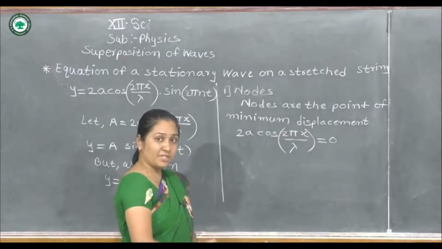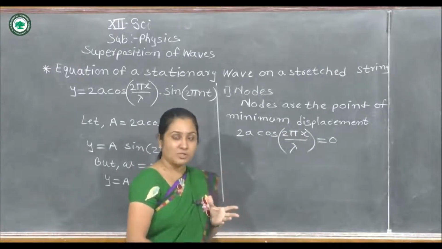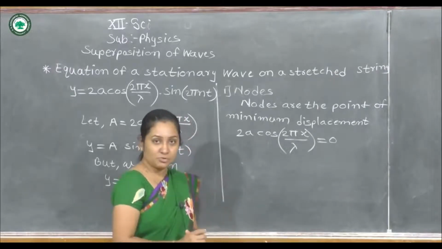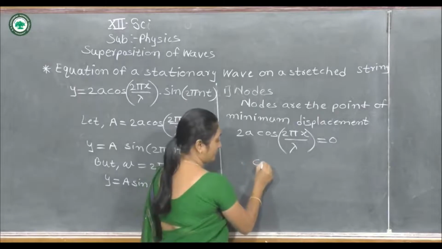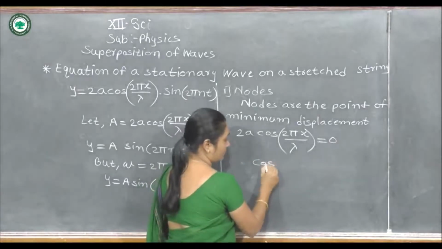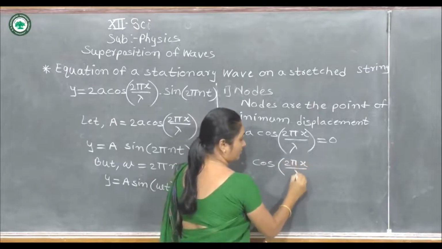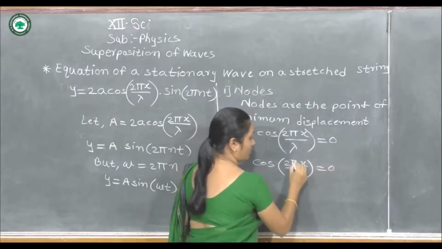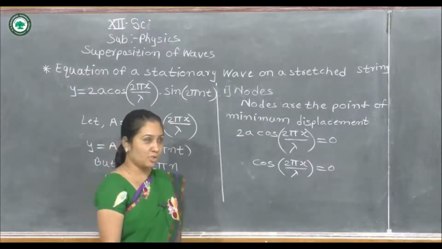Now in this equation, 2a is a constant value, so 2a is not equal to 0. So from this we can write cos 2 pi x upon lambda equal to 0.